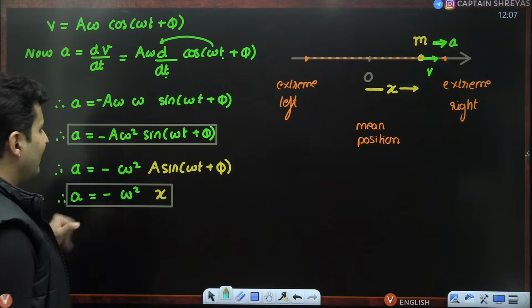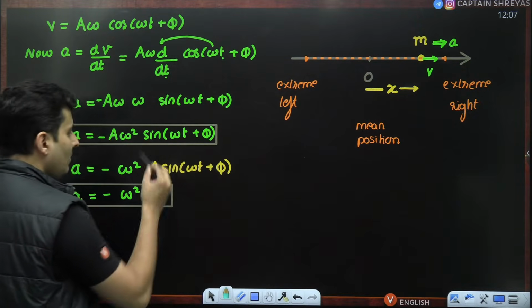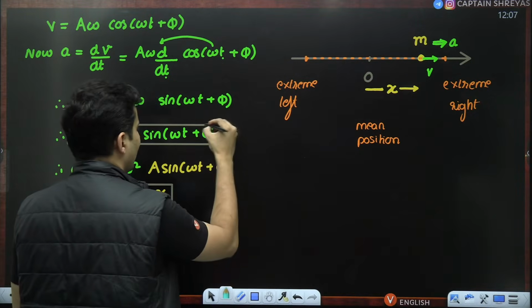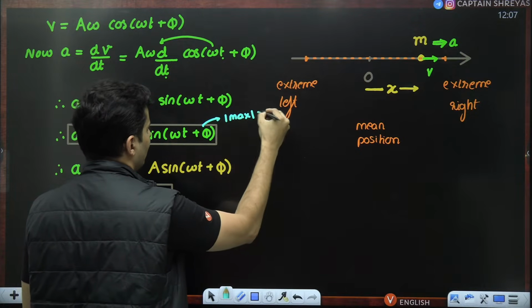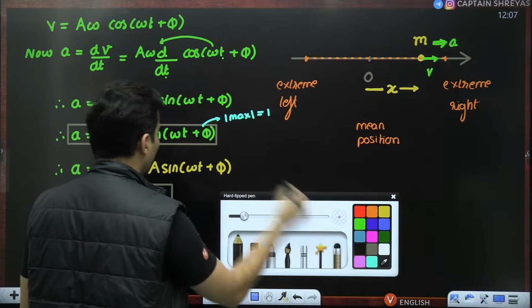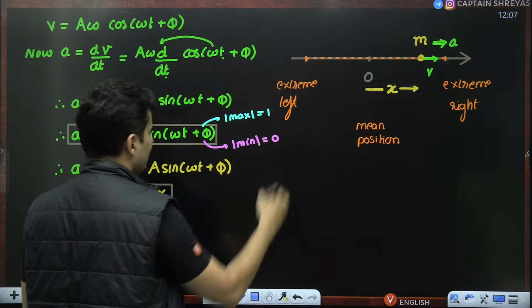Similarly, if you go for acceleration, see this sine term over here. Again, the maximum value of the sine, magnitude wise, will be 1, and of course the least value will be 0.